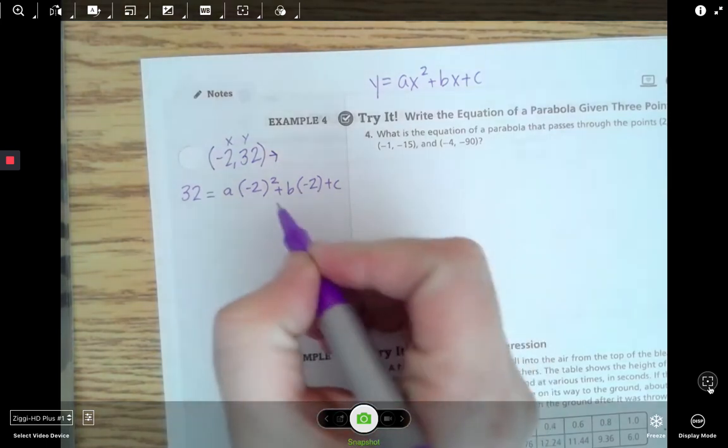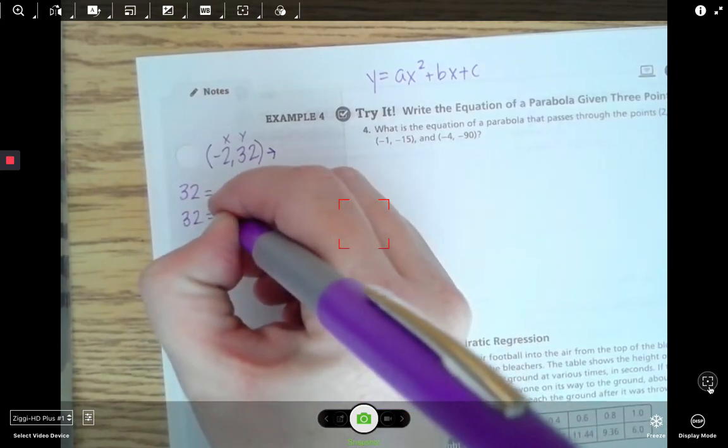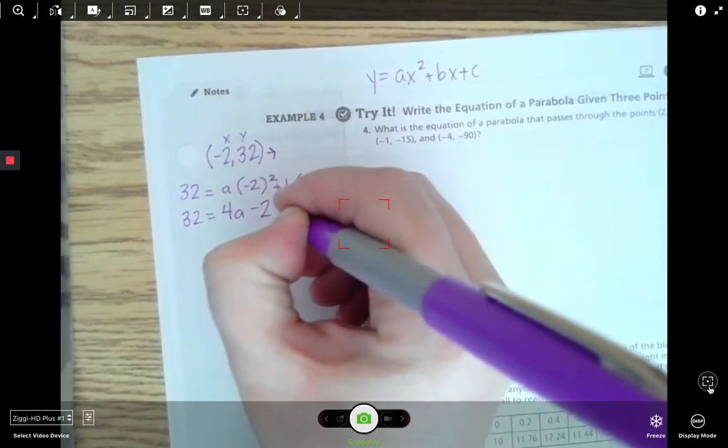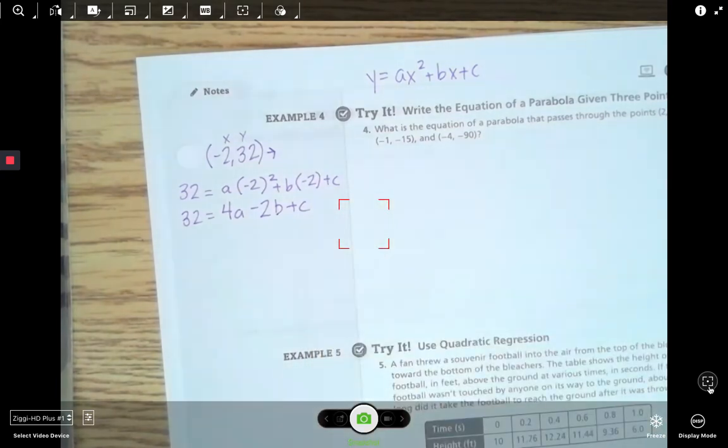We simplify this. 32 is equal to negative 2 squared is 4, so 4a. Negative 2 times b is just negative 2b plus c. So that's our first equation.